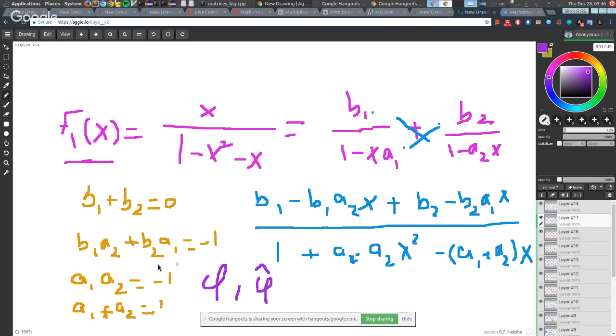I don't recall. So the b1. From here we have b1 is equal to minus b2, and then we try to substitute here. So it means a1 times b2 minus b2 times a2 equal to minus 1.